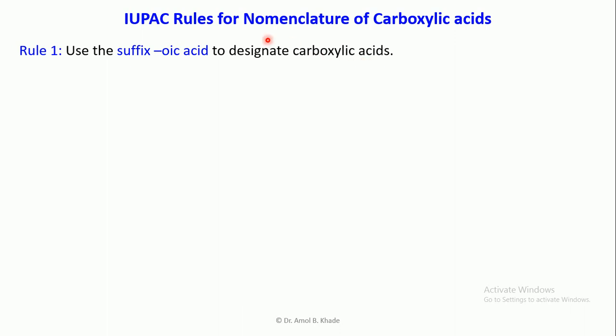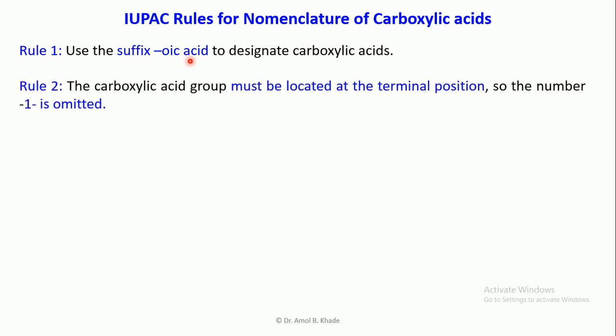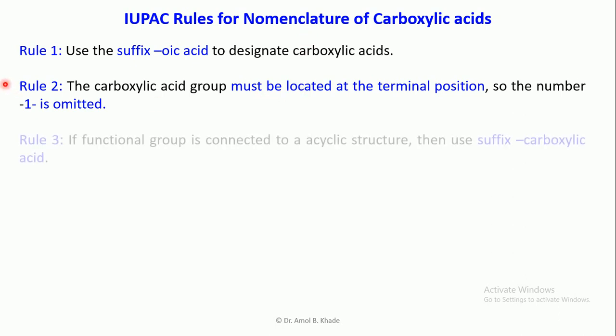So here we should remember the suffix is oic acid. Rule number 2 says the carboxylic acid group must be located at the terminal position, and we number starting with number 1 at the carbon of the carboxylic acid.